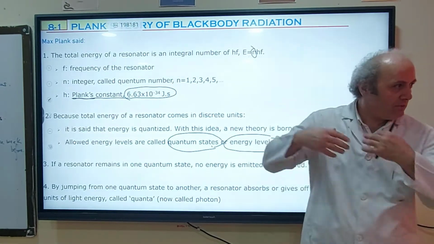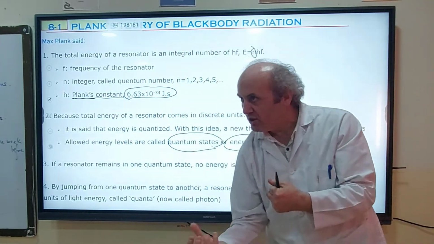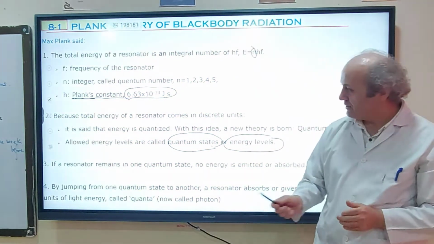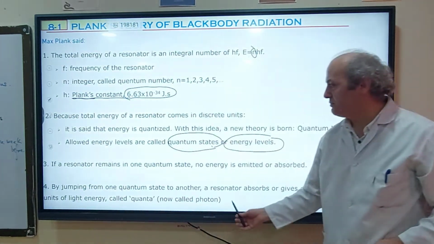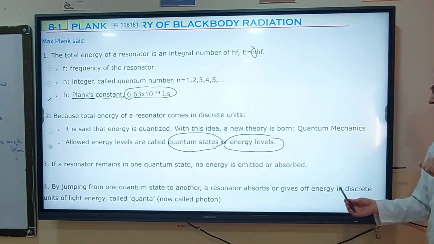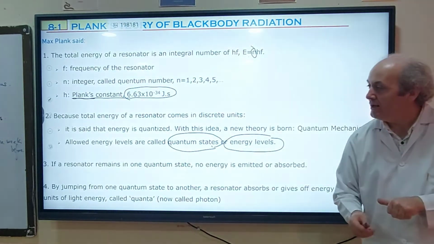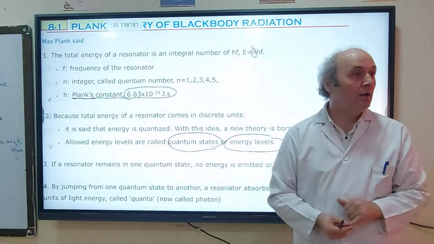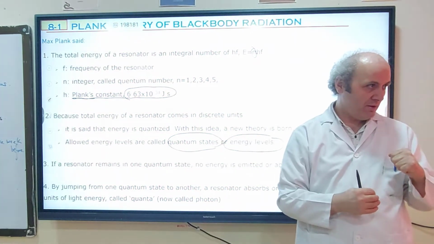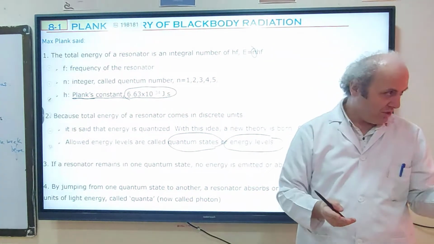As it jumps down, it gives off this decreased energy in the form of electromagnetic radiation. So by jumping from one quantum state to another, a resonator absorbs, then gives off this energy in discrete units of light energy, hf. From second to first, 1 hf. From 3 to 2, again 1 hf.